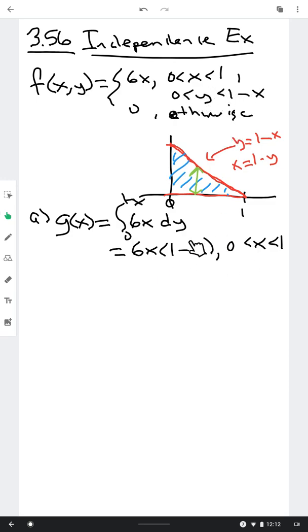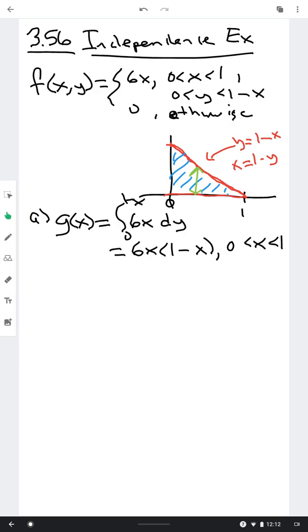And then my limits after this are from 0 to 1. So I have 6x times the quantity 1 minus x, where x goes from 0 to 1.